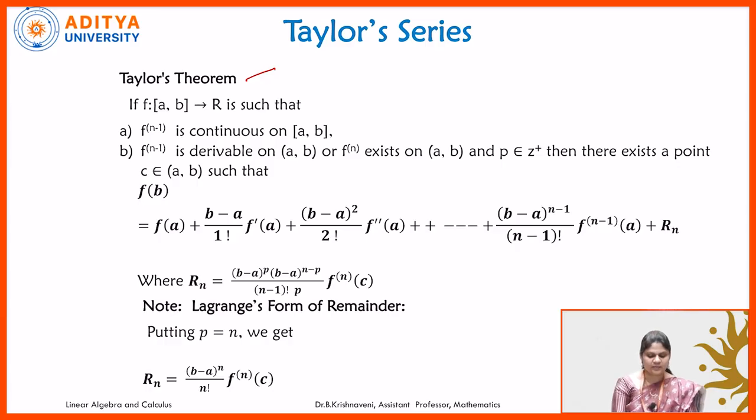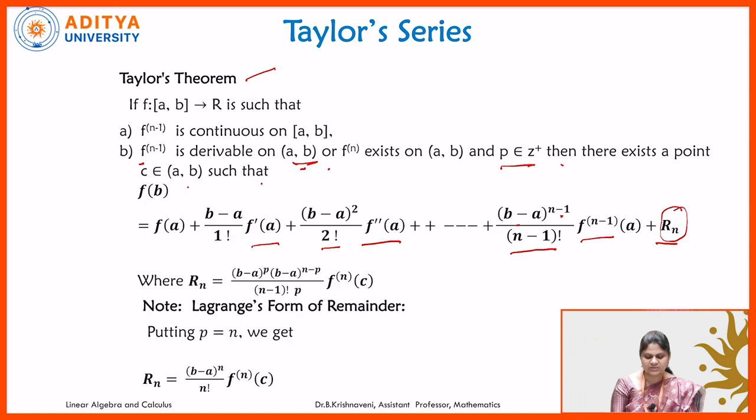If f maps [a, b] to R is such that the (n-1)th derivative is continuous on the closed interval [a, b], the (n-1)th derivative of f is derivable on the open interval (a, b), or the nth derivative exists on (a, b), and p belongs to Z plus, then there exists a point c in (a, b) such that f(b) = f(a) + (b-a)/1! f'(a) + (b-a)^2/2! f''(a) + ... + (b-a)^(n-1)/(n-1)! f^(n-1)(a) + Rn.